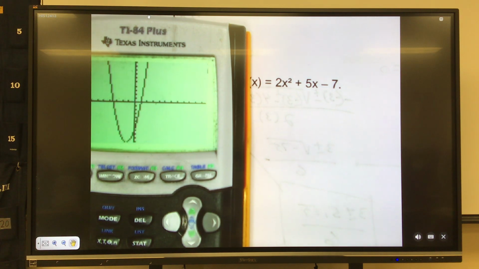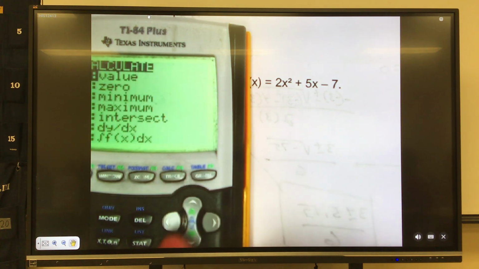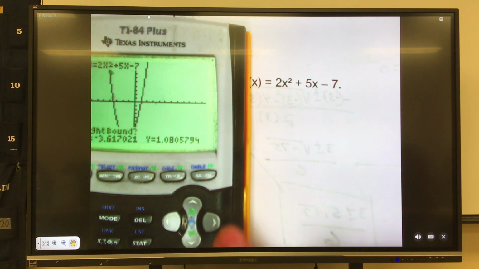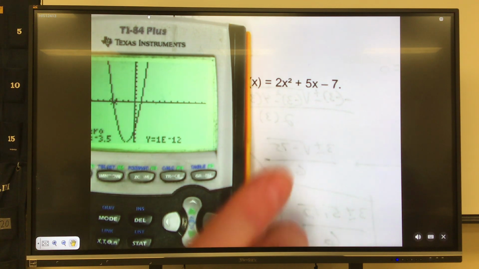Okay, once I do that, I have 2 zeros there. I want to find second trace, number 2 for zeros. I want to go find the left first. So left bound, so I'll put it to the left of it, hit enter. Put it to the right of it, hit enter. Guess, hit enter. And it is negative 3.5.